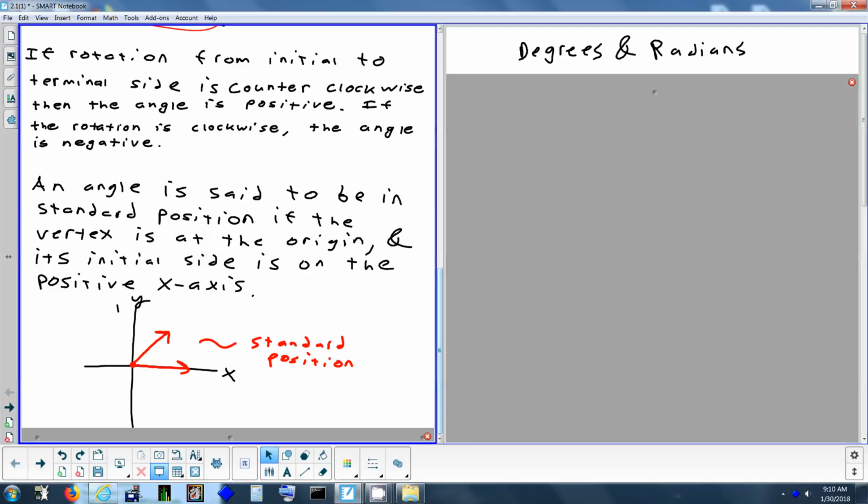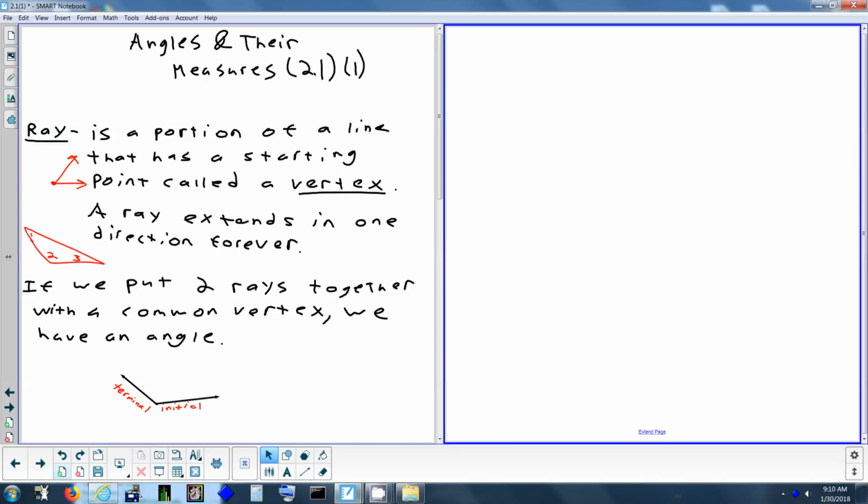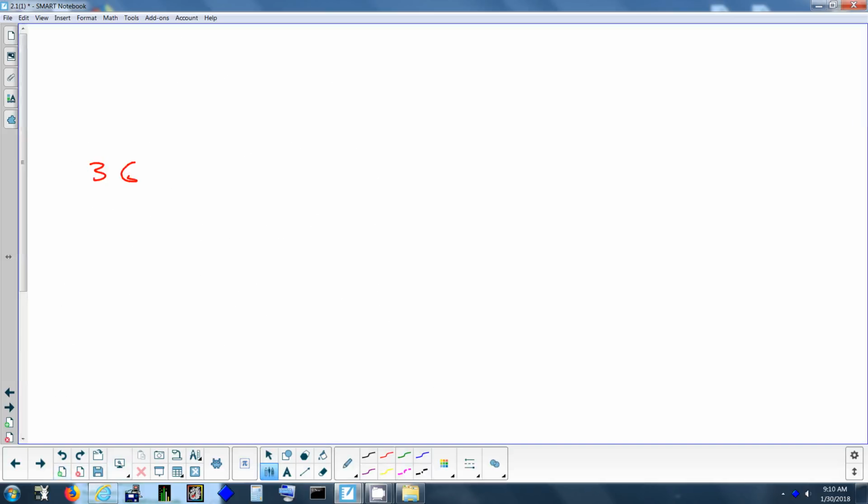360. Okay, so if we know that in 360 degrees there is one revolution, that fact would allow us to convert anything we want between degrees and revolutions. Like if you said to me, how many revolutions is 150 degrees?